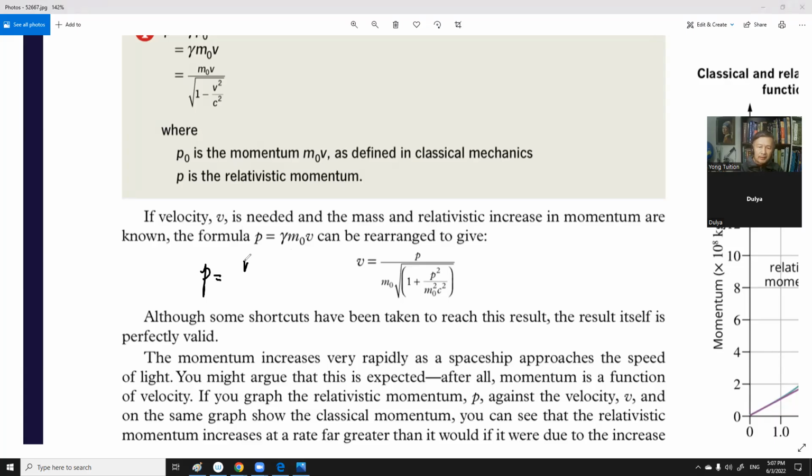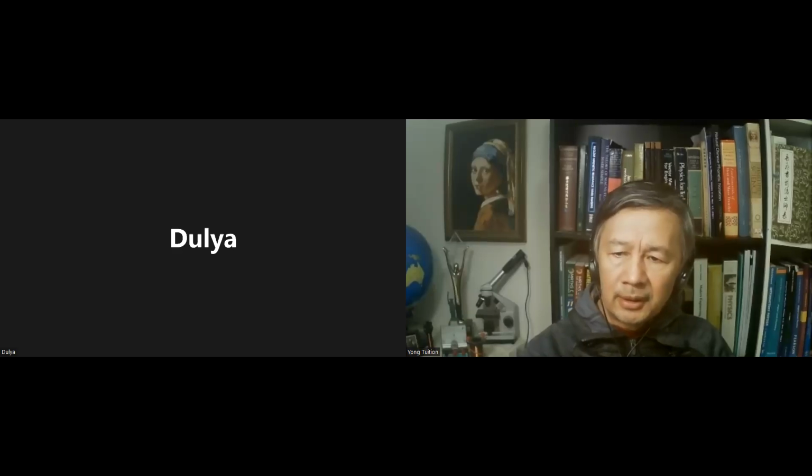The gamma, so m null is constant. They got v here, and this is 1 minus v squared over c squared. All right. Let's go to the whiteboard. You can try this one because it's an opportunity to practice your algebra. So that is this for students.